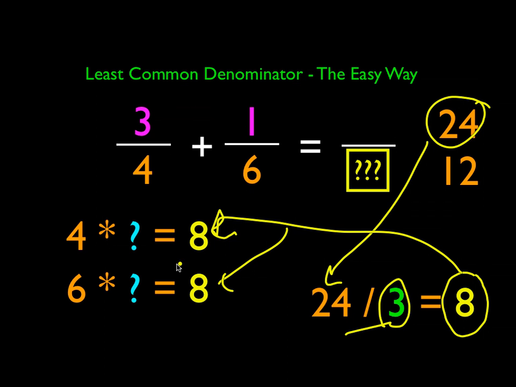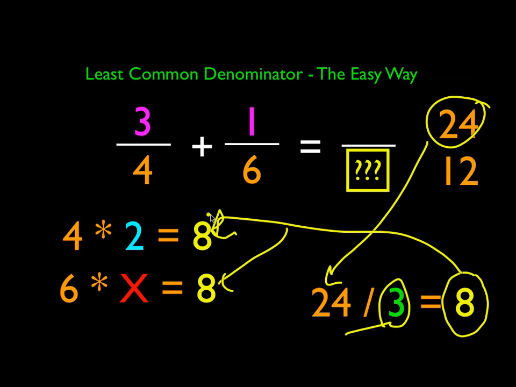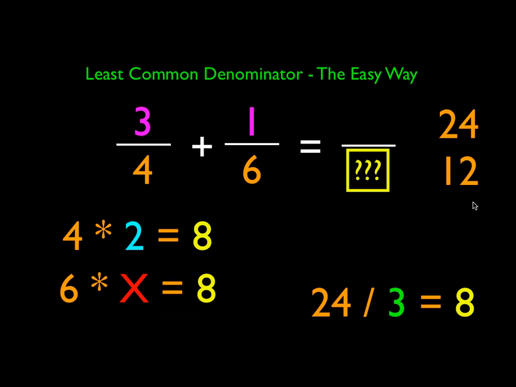And is there a whole number that you can multiply 6 by and get 8? You can multiply 4 times 2 to get 8, but there is no number that you can multiply 6 by to get 8. So this is not a potential common denominator, so we don't add it to our list. Our best least common denominator so far is still 12. Then we'll continue on.